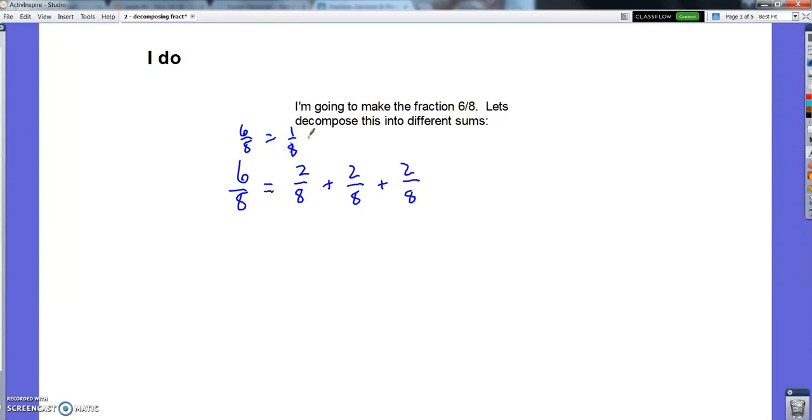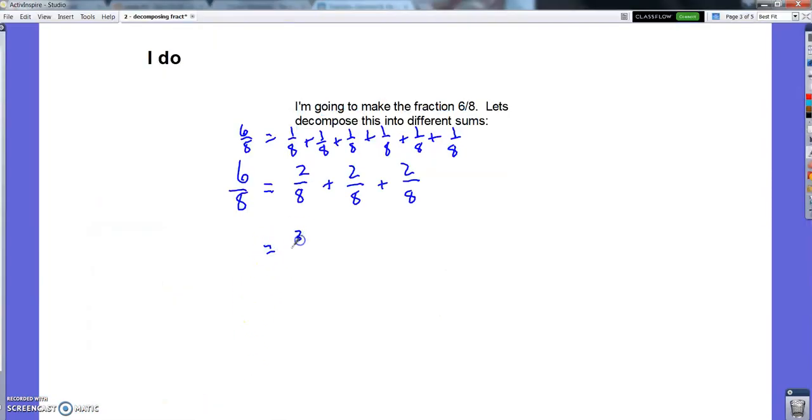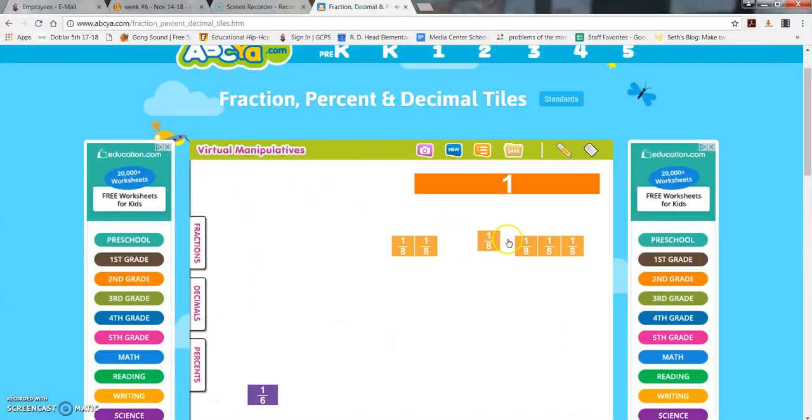That's still okay. 1/8 plus 1/8, 2, 3, 4, 5, 6. That's still a good way to decompose it. Could have also decomposed it into 3/8 plus 3/8. It's another way I can make a sum of fractions there. There's a lot more. Could have done 2/8 plus 4/8.